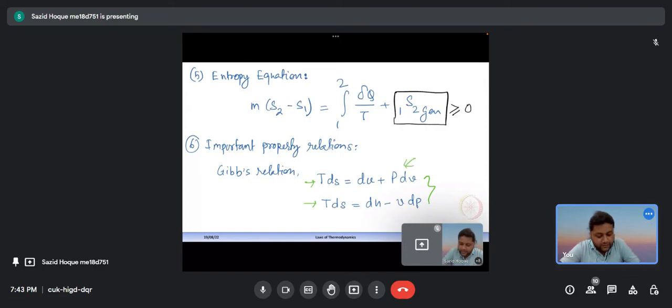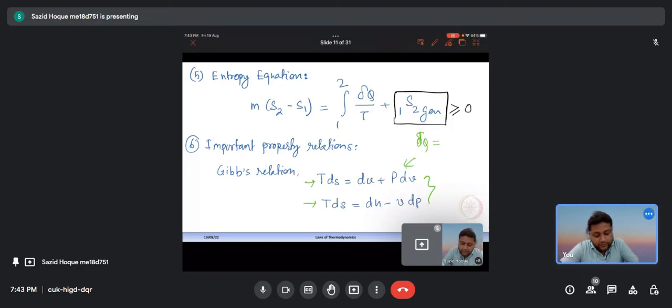If you see, it is like del Q equal to dU plus dW. This del W we are assuming as PdV work, and this dQ, if it is a reversible process, we know dQ by T is dS, so dQ will be TdS.